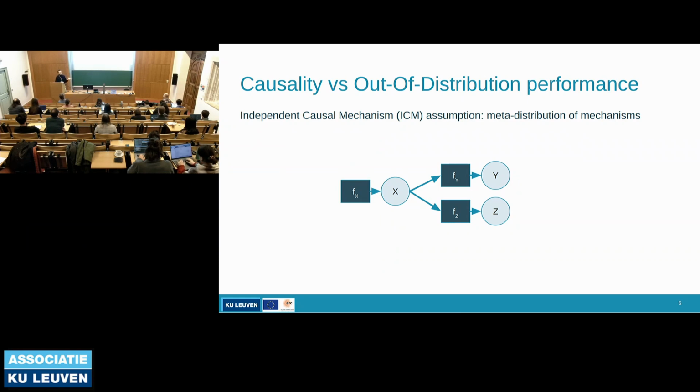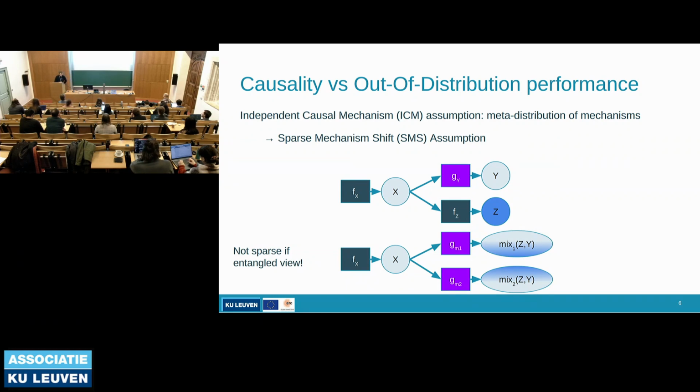So if one mechanism is different, it doesn't imply that the other one will be different. Following from that is the sparse mechanism shift assumption, which states that for the distribution shifts we are interested in, hopefully they are sparse from the lens of the mechanisms, so only one or a small number of the mechanisms shift.